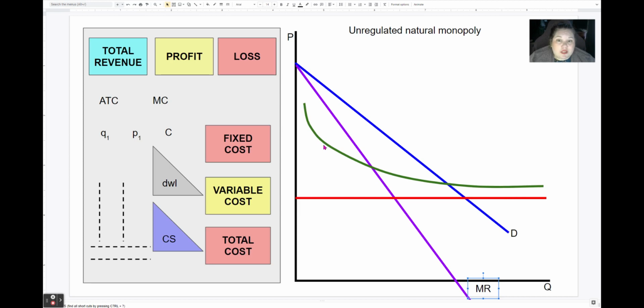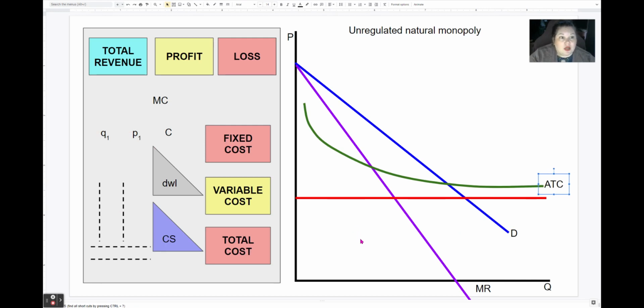The green curve is downward sloping and then it continues on. If we could see an extended, like super IMAX sized picture of this graph, you would actually see that it does eventually slope back upward into a U shape, and that's how we know it's our average total cost curve. So your average total cost is how much it costs to produce a good on average based on the number of goods that you're producing.